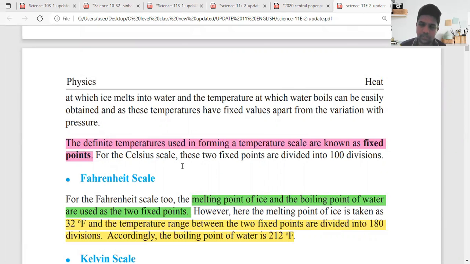For the Celsius, you just want to get an idea of what the scale is and what its purpose is. Write in a note under Celsius scale: the definite temperatures used in forming a temperature scale are known as fixed points.